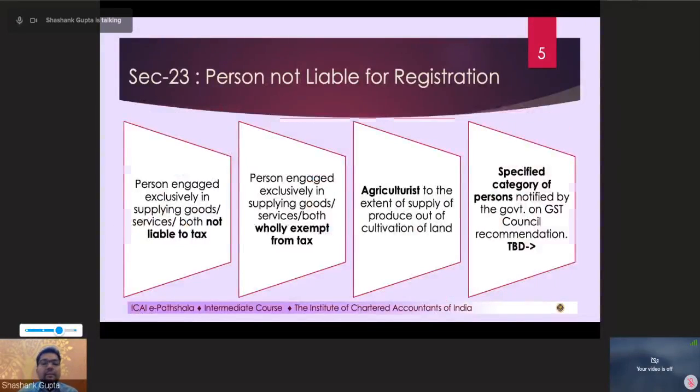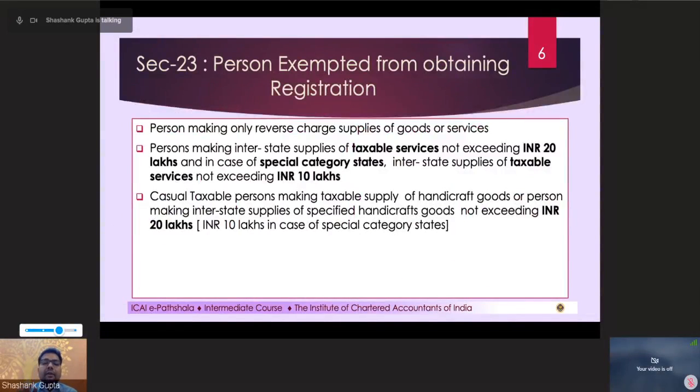But here, a relaxation has been given to service providers because services can very easily be provided across India, sitting from one location, and hence the threshold of 20 lakh and 10 lakh has been kept intact, even if the service provider is providing services interstate.